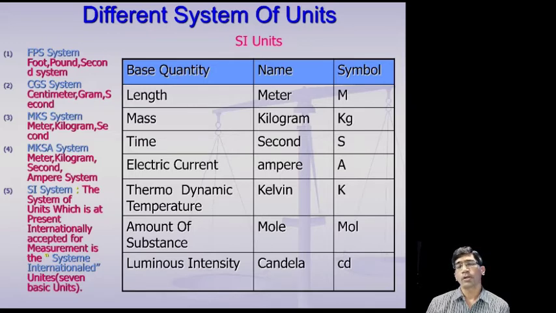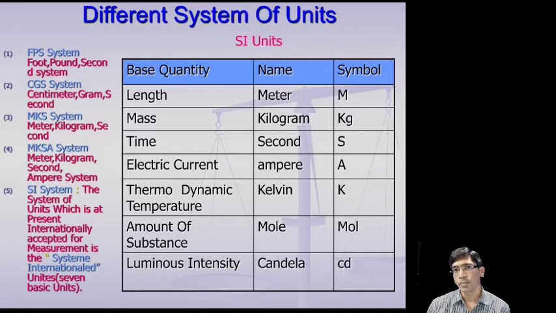Another system is known as the CGS system, centimeter, gram, second. Centimeter is the unit of length, gram is the unit of mass, second is the unit of time. In the same way, in the FPS system, foot is the unit of length in the British system, pound is the unit of mass, and second is the unit of time.